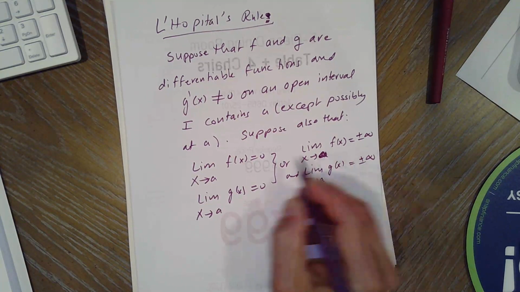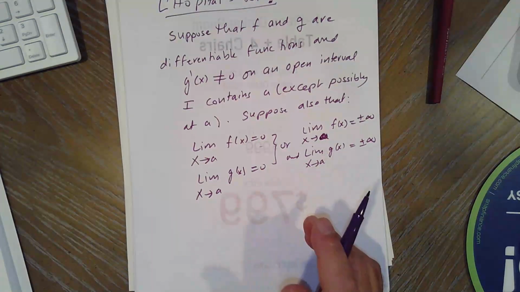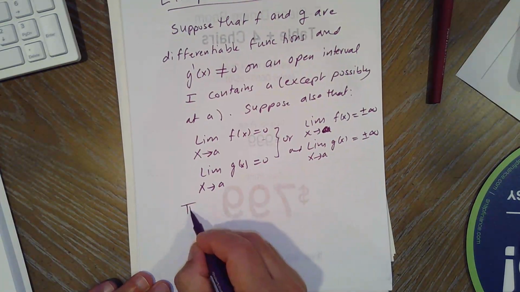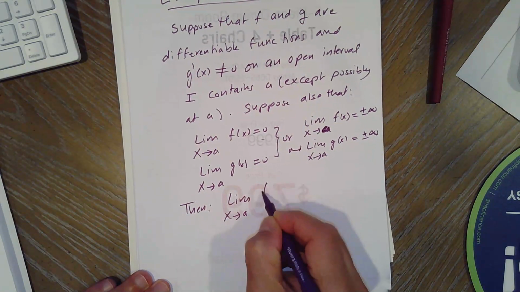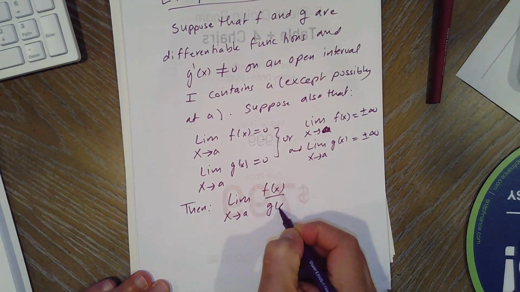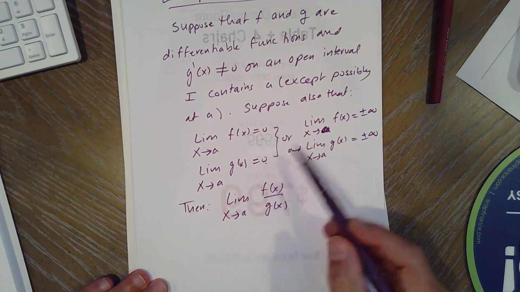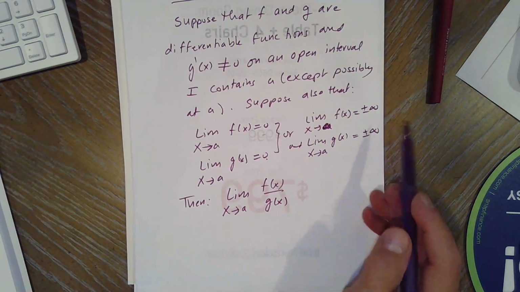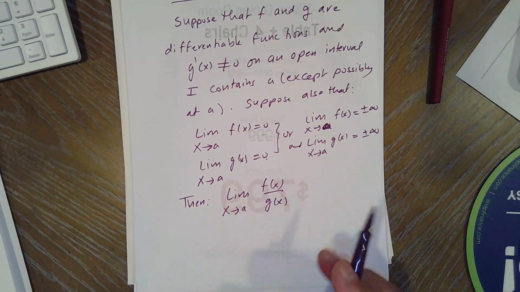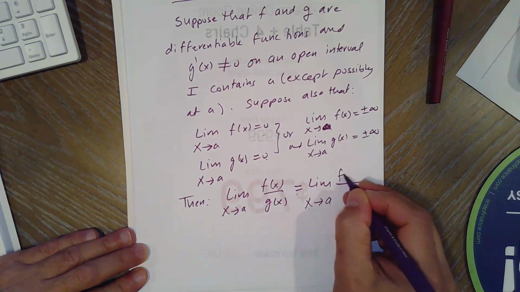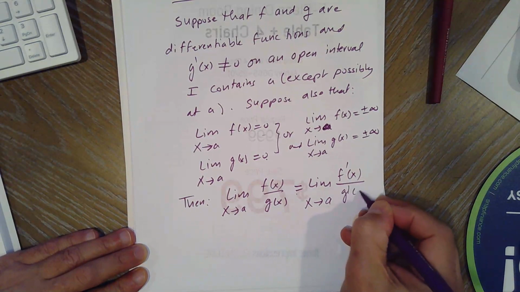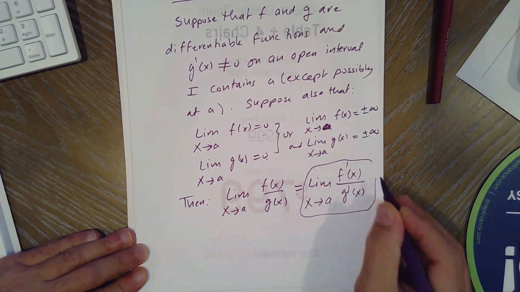So you're going to talk about 0 over 0 or infinity over infinity. Then if you're doing the limit as x goes to a of f of x over g of x, and you're getting 0 over 0 or infinity over infinity, you can do the limit of f prime of x over g prime of x, and that's going to give you the same answer.